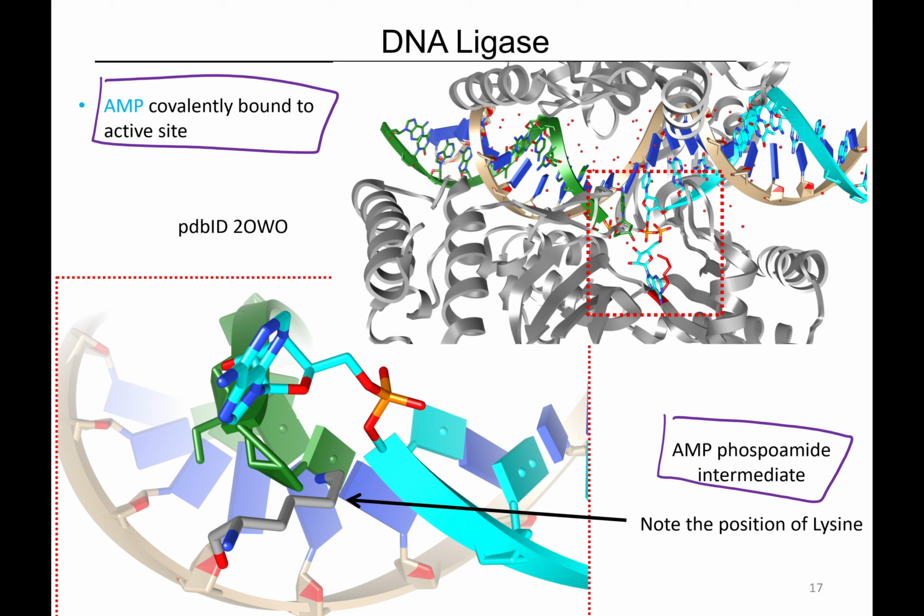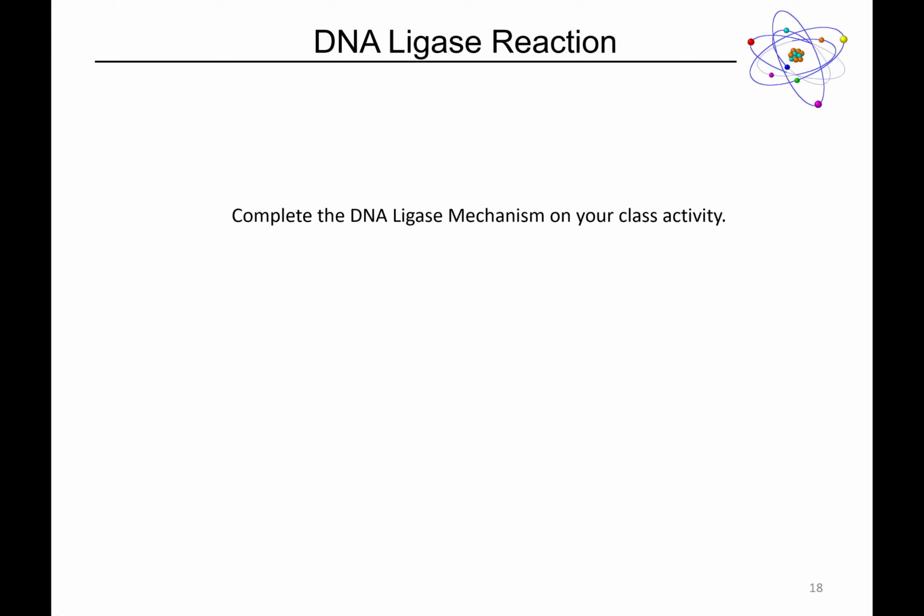It's the step that hydrolyzes ATP to AMP, and the energy of hydrolysis gets captured in the formation of this phosphoamide intermediate. Okay, so the last part of our activity today, which we have a few minutes to work through, is thinking about how this works.